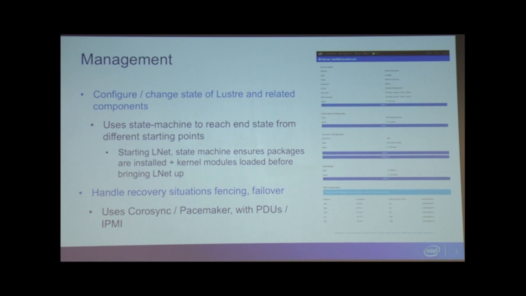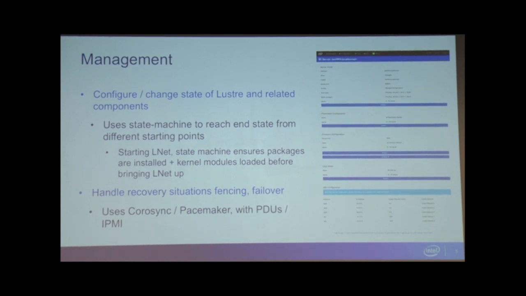Some more on management features. IML allows you to configure or change the state of Lustre and related components. Internally, it uses a state machine to reach end states from different starting points. As an example of this, if you were bringing up LNet, the state machine would ensure that your packages are installed and kernel modules are loaded before attempting to start LNet.